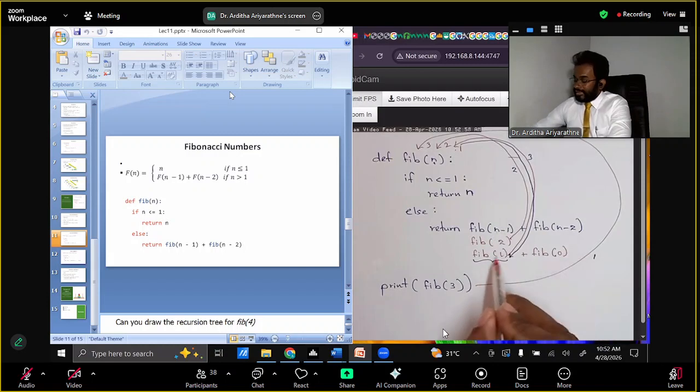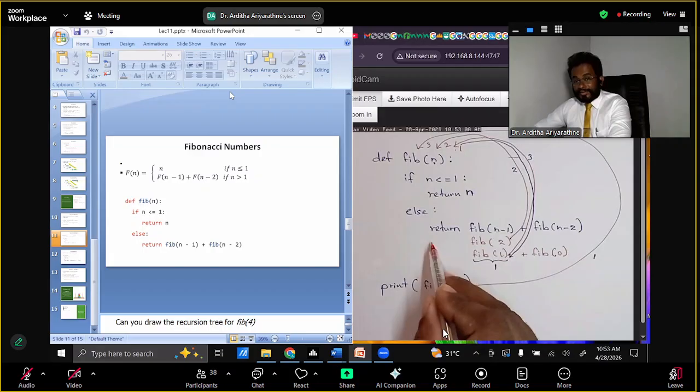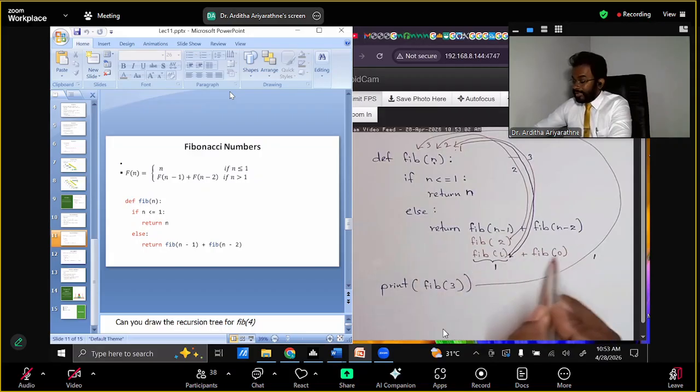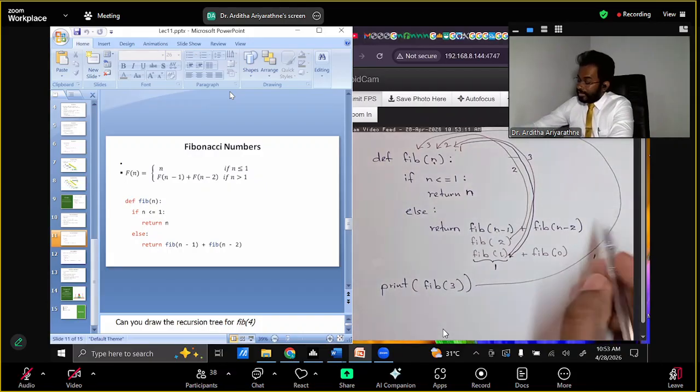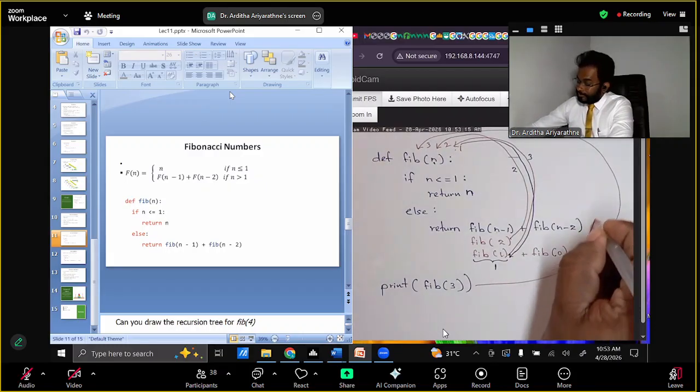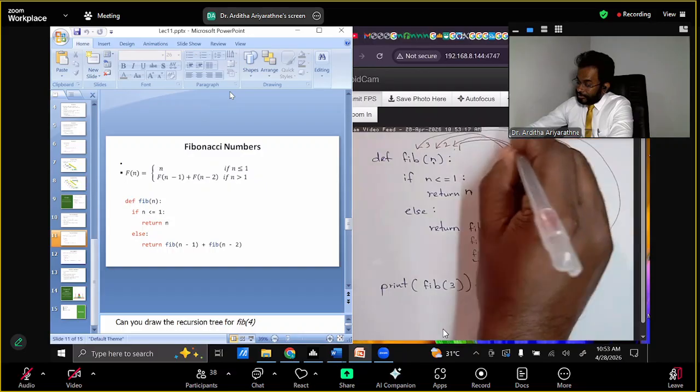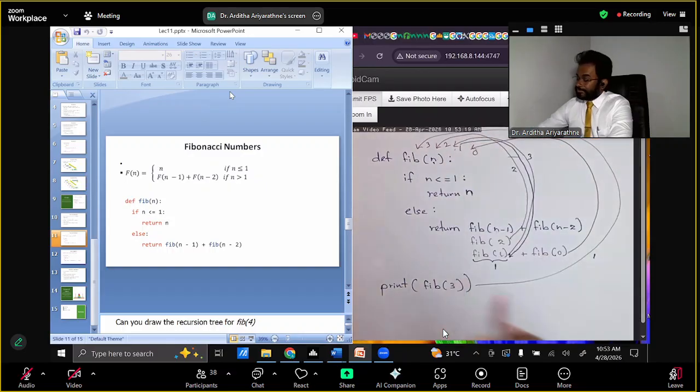Here, now we got the answer for this one, but we can't return. We have to call this part also, right? Then we are calling again the same function with the value 0.